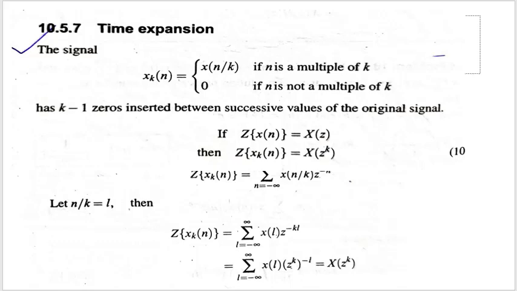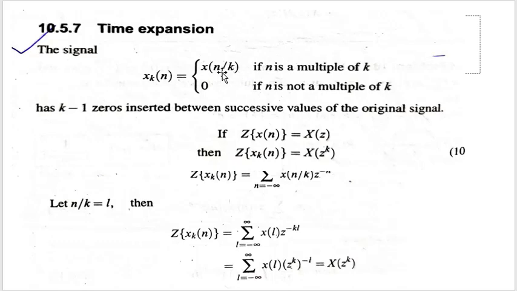Here, xk of n is equal to x of n by k. Whatever the n samples are, they are divided by k, where k is some constant term. If it is divided, then the sequence of x of n that I get after the division of the intervals will be an expanded version.